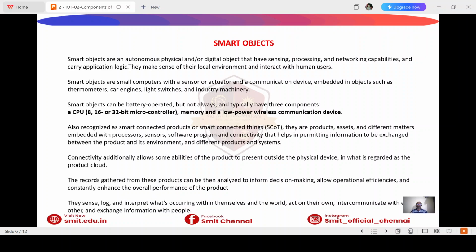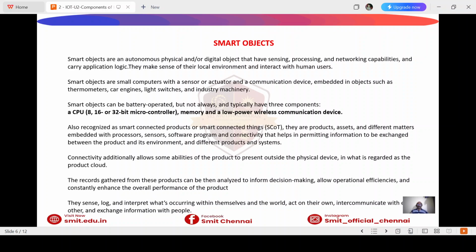This can be embedded in any major appliances, for example car engines, lighting switches, any industry machinery part, or thermostats and thermometers. Such a device is called a smart object. It is also recognized as a smart connected product or smart connected thing, because they are assets or products embedded with processors, sensors, and software programs, and are able to connect with the cloud through the gateway with proper security.